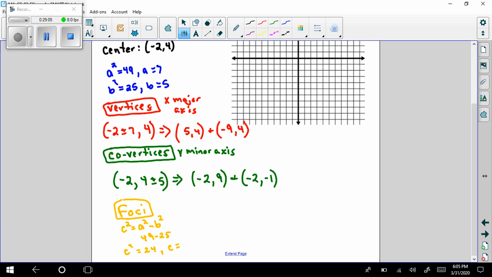C is equal to plus or minus the square root of 24, which is close to 5. If you look up here, your B value is 5. So that foci is sitting just inside those co-vertices, or those vertices, I'm sorry.